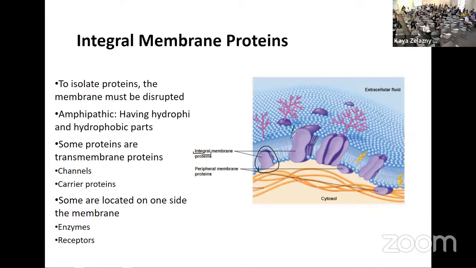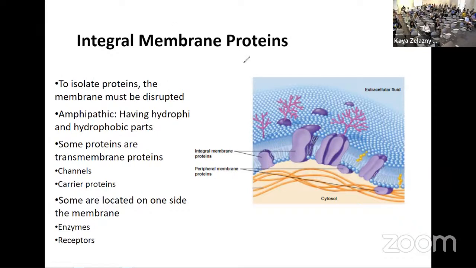So a transmembrane protein goes all the way across. A transmembrane protein would be a type of integral membrane protein. And we'll also have peripheral membrane proteins. Those just sit on top, so they wouldn't necessarily need to have these same amphipathic properties.